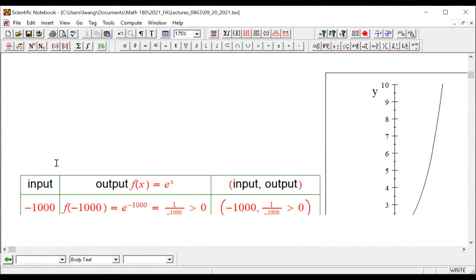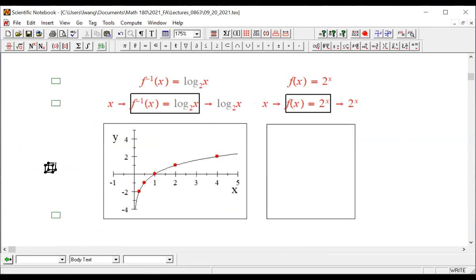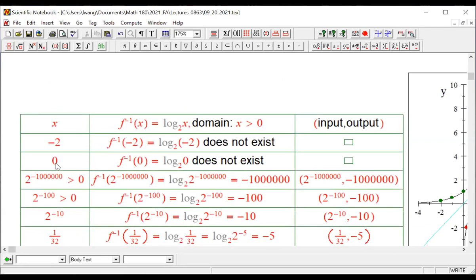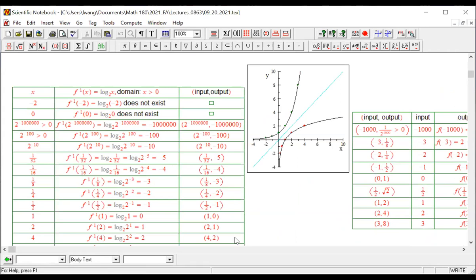Let's find that table. We graphed log base 2 of x, didn't we? You should have a table like this in your notebook, so please find that page of your notebook.